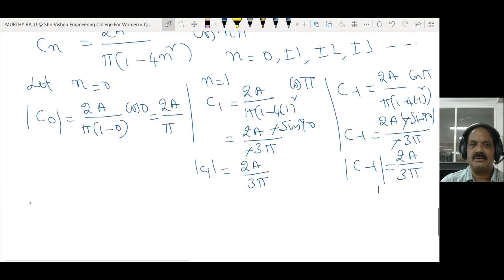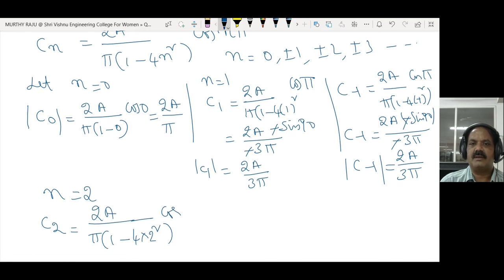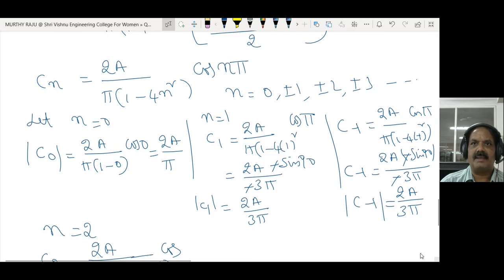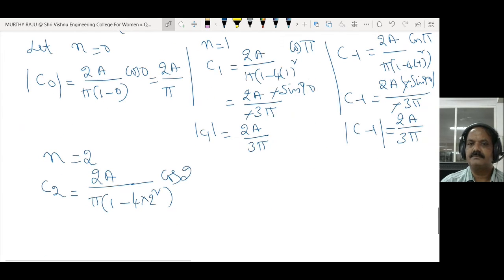Now consider n is equal to 2. C2 is equal to 2a by pi into (1 minus 4 into 2 squared) into cos 2 pi. Cos 2 pi, where 2 pi means 360 degrees. 4 into 4 is 16, so 1 minus 16 is minus 15.